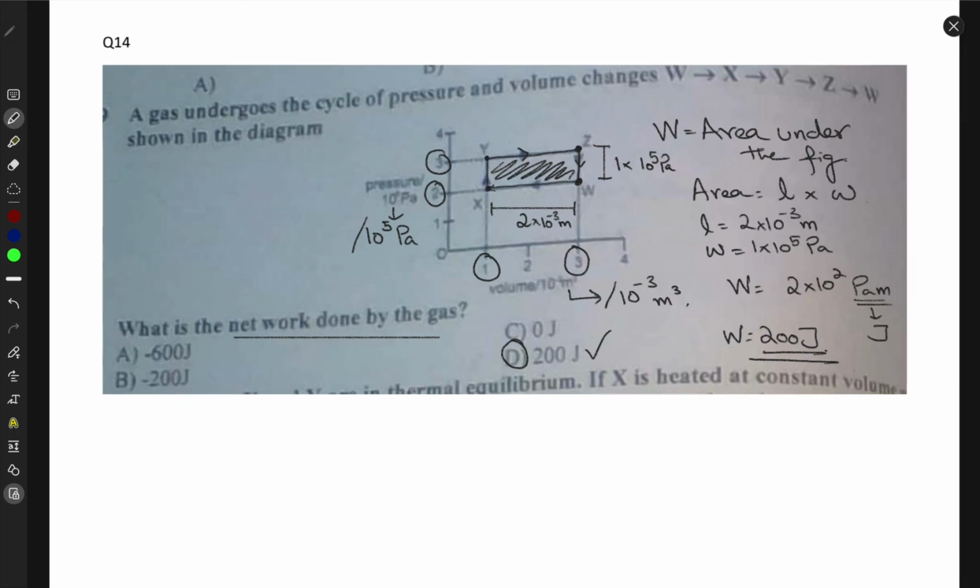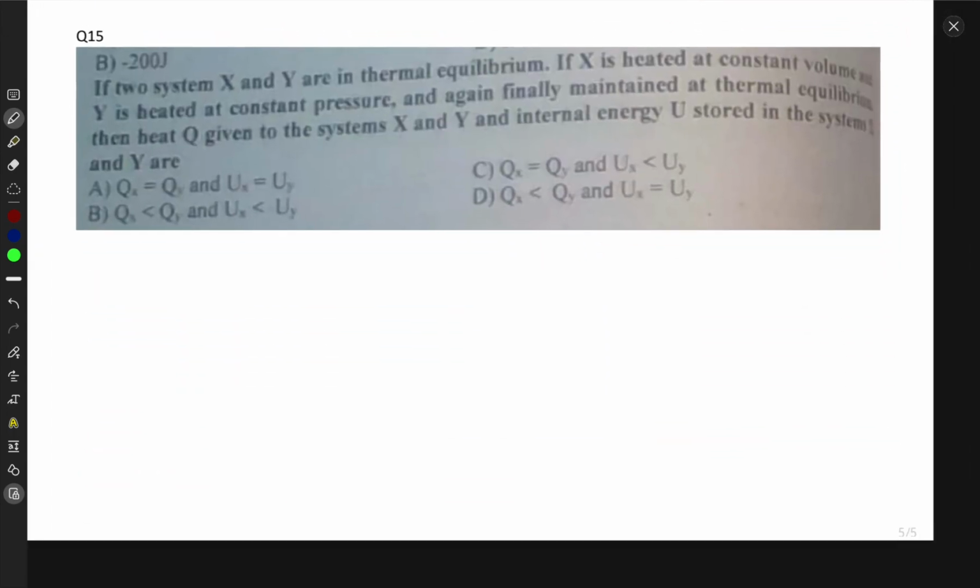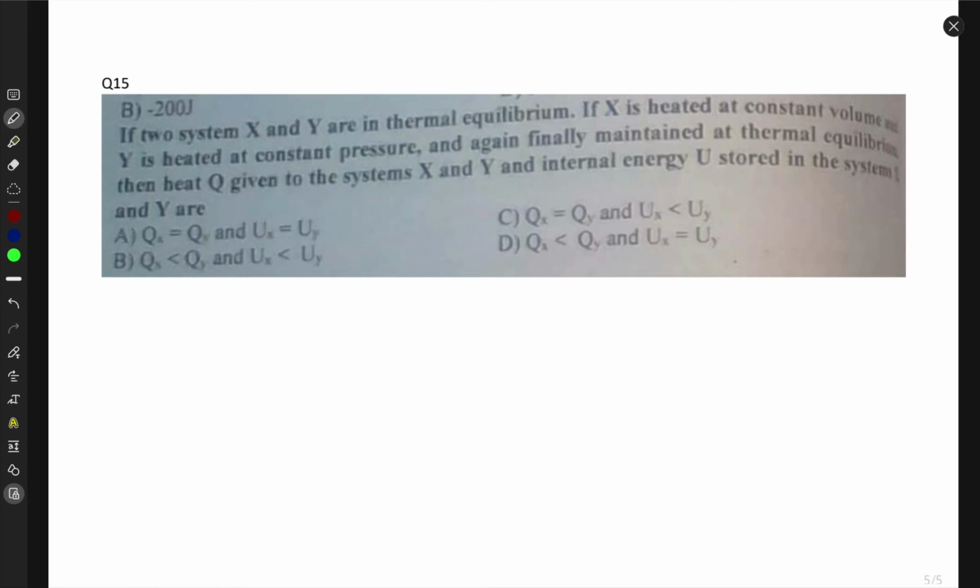All right, so let's move on to the next and the final question of our problem set. If two systems X and Y are in thermal equilibrium, they're both at a constant temperature T, right? So T is same.